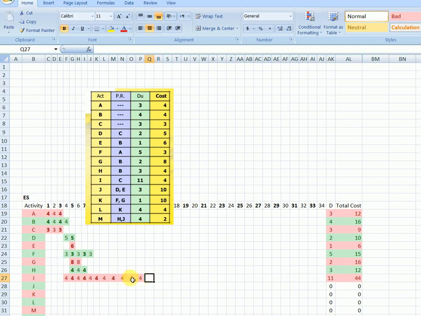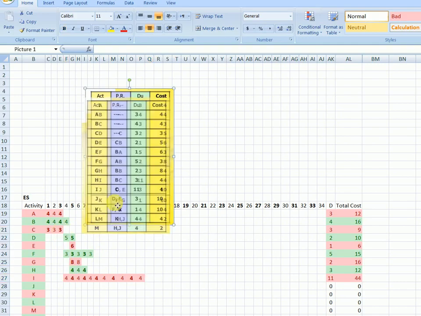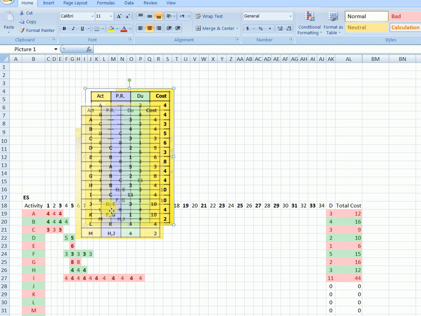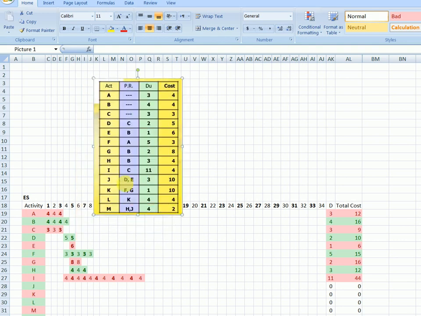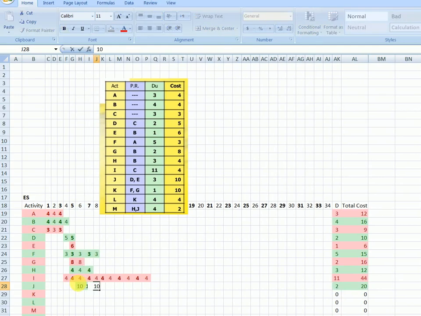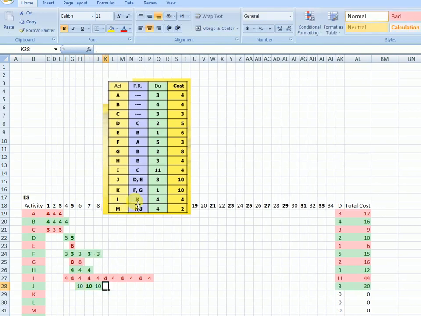I depends on C. J depends on D and E. D is here. Okay, beautiful. So you're going to look at 6 here. J we said, right? Yeah, 10, 10. K depends upon F and G.